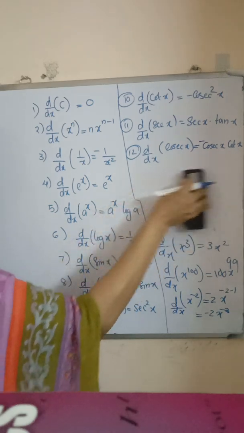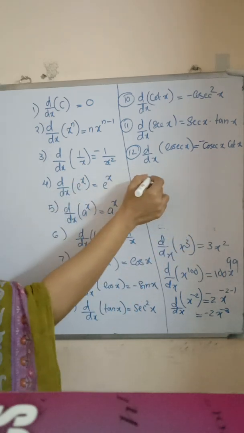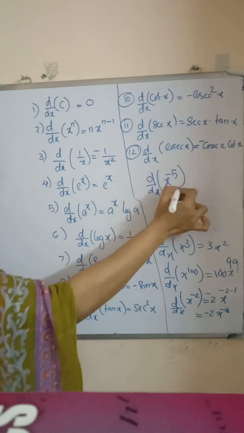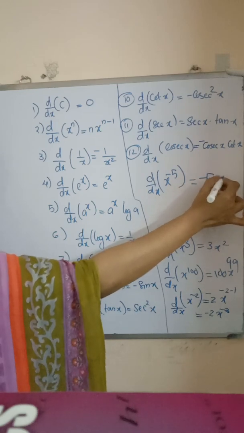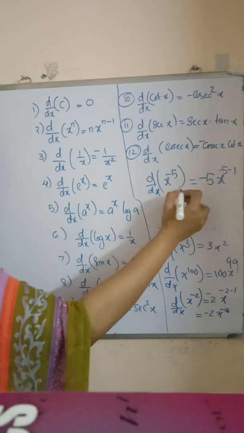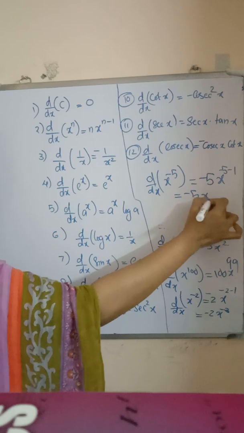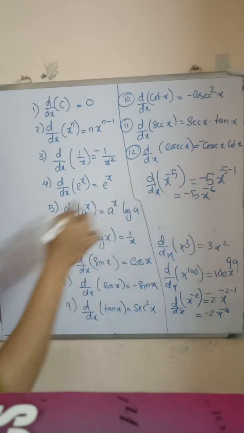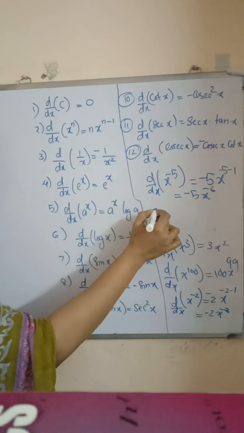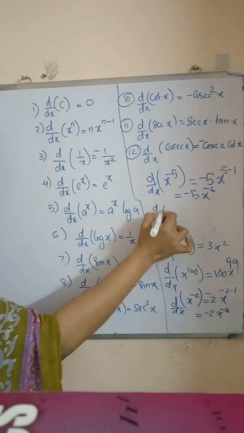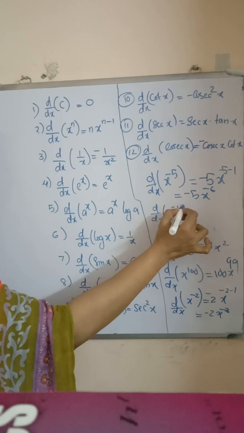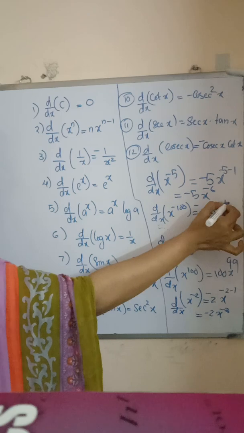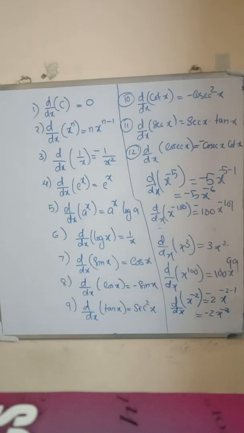Similarly, d by dx of x raised to minus 5 is equal to minus 5 x raised to minus 5 minus 1, that is minus 5 x raised to minus 6, because minus 6 is a number less than minus 5. d by dx of x raised to minus 100 is equal to minus 100 x raised to minus 101.